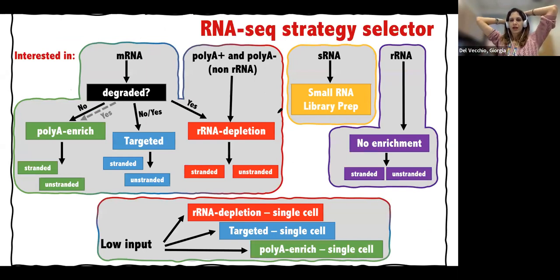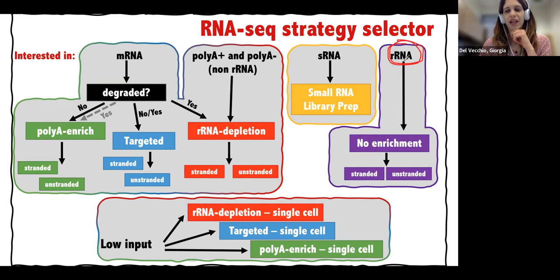Okay, so just to summarize what we saw during the RNA-Seq library prep part of the workshop. Let's start with ribosomal RNA. Let's say that you are interested in the ribosomal RNA.